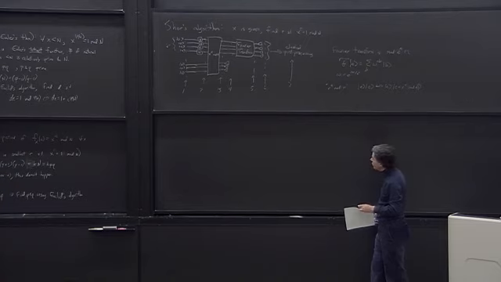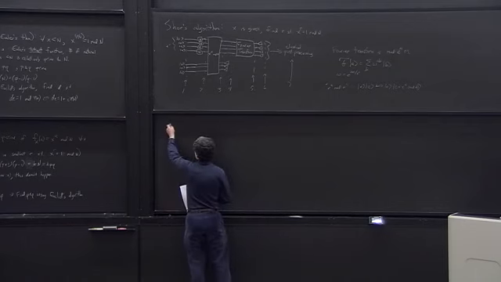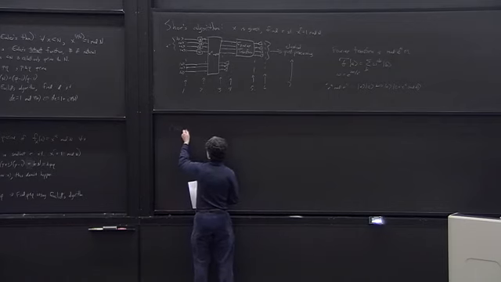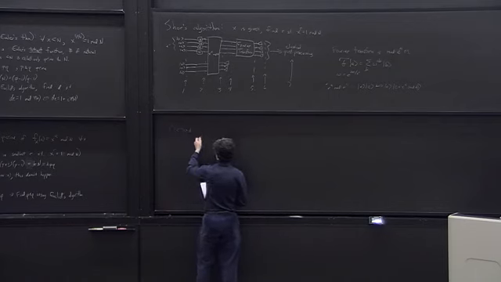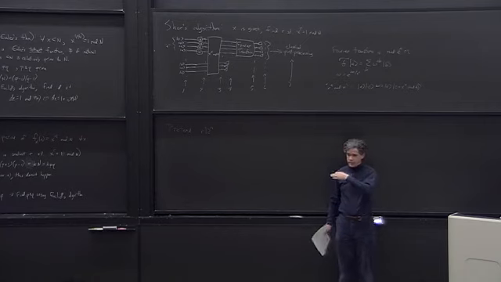OK, so the simplification I want to make is we're going to pretend that r divides 2 to the n. OK? And actually, in the cases that we're really interested in for factoring, that's never true.